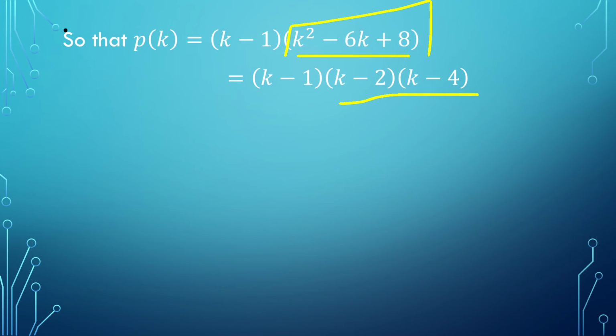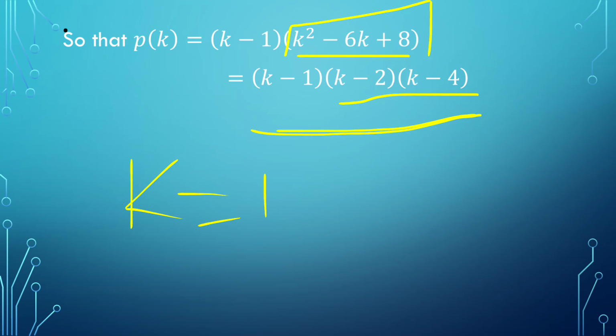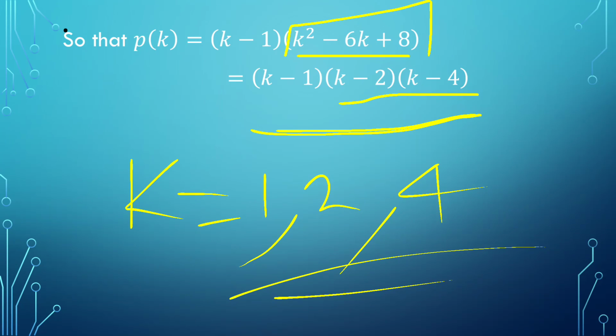By using the factor theorem, we can see clearly we have simplified our P(k), which was k cubed, to this particular product of factors. So if you are trying to solve this, you just equate this to 0 and you find that our solutions for k are 1, 2, and 4, which are actually the roots of the equation.